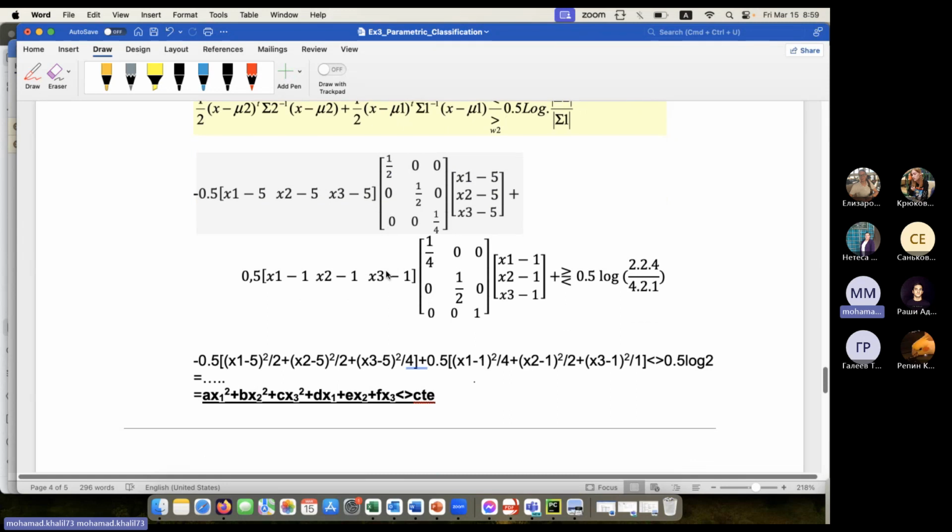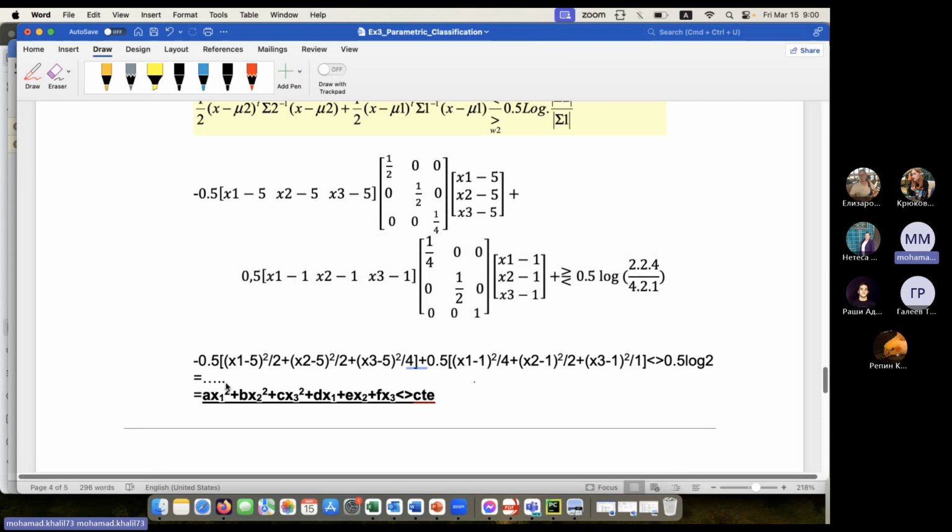Okay, we develop it. If you develop, look what you have. Minus 0.5: this one squared over 2, this one squared over 2, this one squared over 4. And the other part, minus this plus this: x1 squared over 4, x2 squared over 2, x3 squared over 1, less than 0.